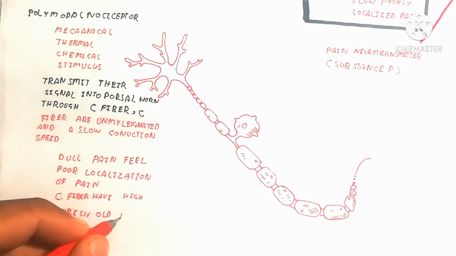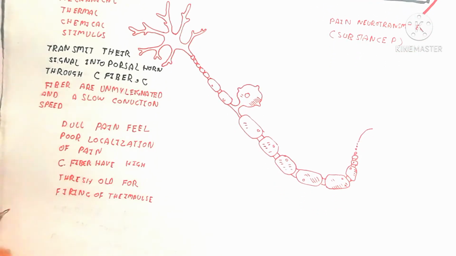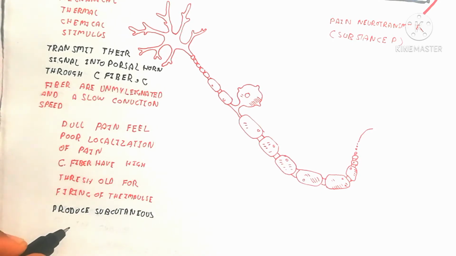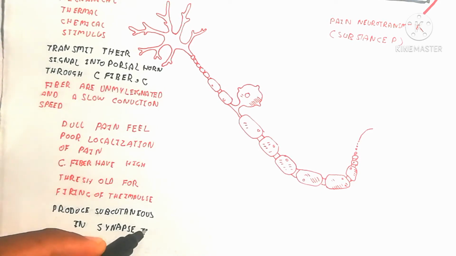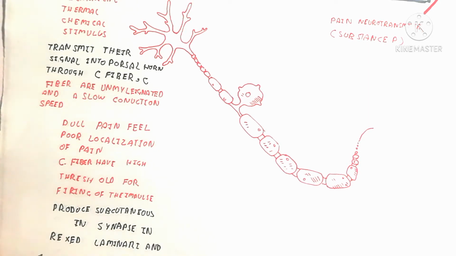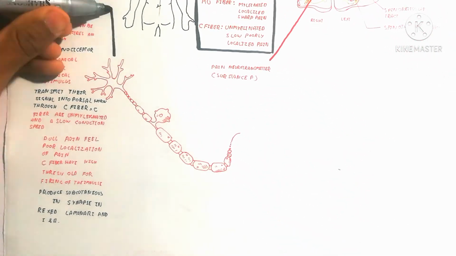You should remember that. Dull pain is felt, with poor localization of pain. C fibers have a high threshold for firing of the impulse.